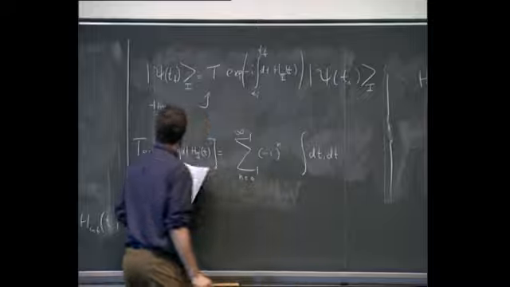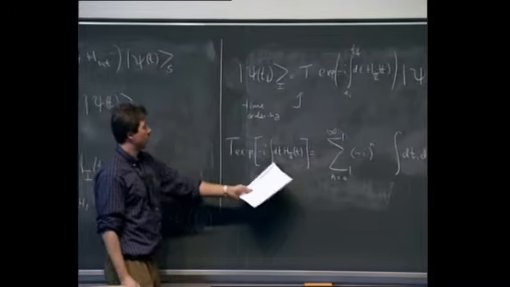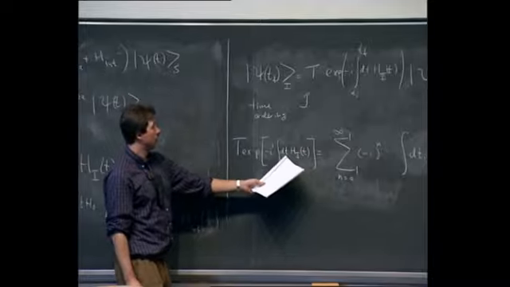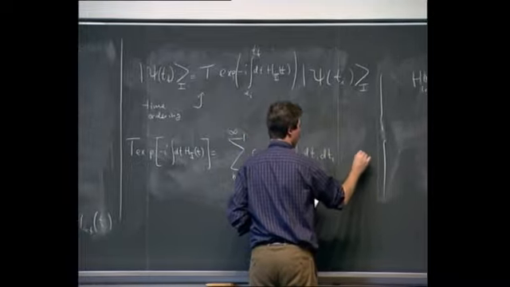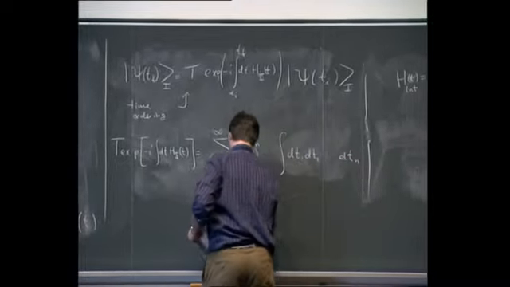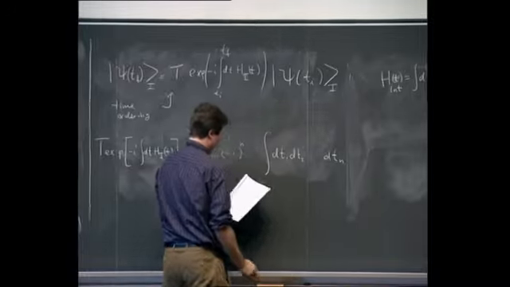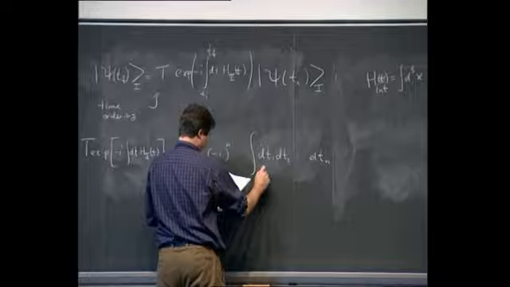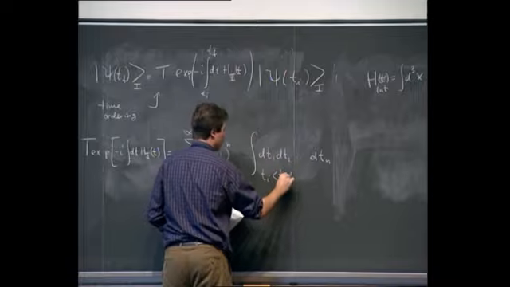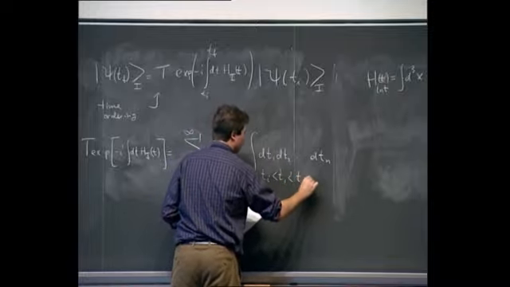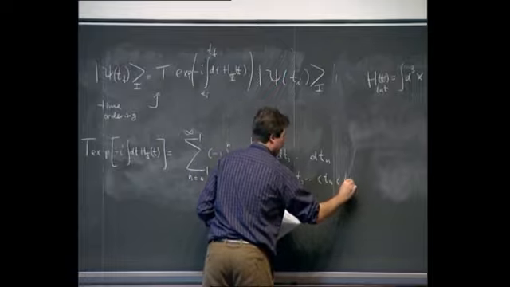So I have the nth power of what's in the exponential, and the nth power gives me n integrations over time. So I'm going to write down n time integrations up to t n. And I'll restrict these integrations in such a way that t initial is smaller than t 1, smaller than t 2, smaller than t n, and that's eventually smaller than t final.